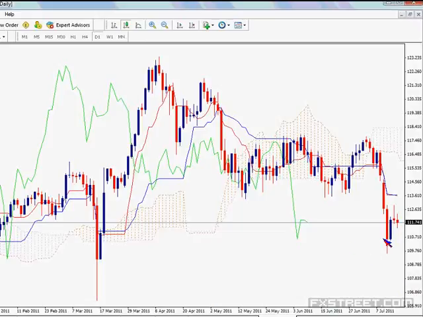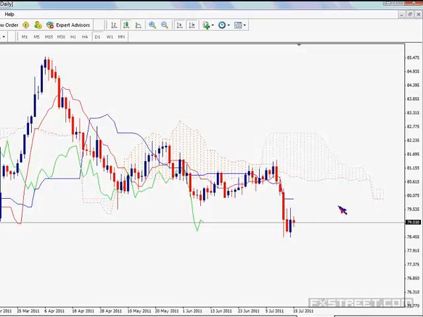Why? Because 26 days ago, the price was much higher than the current one. And that's not something that always takes place. That's the use of this green line. Let's see another example in the dollar Japanese yen, okay?